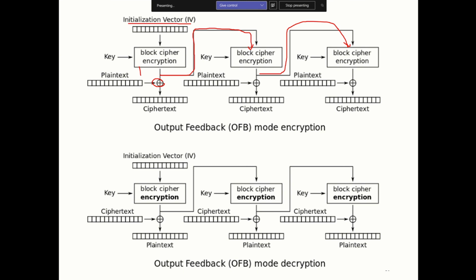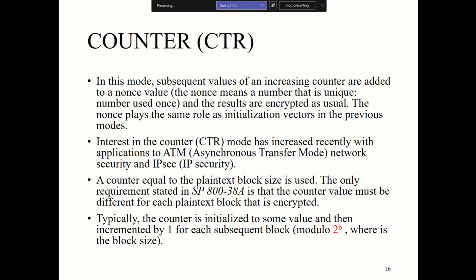They are separated. The last one is called the counter. The counter is a little bit different because it has a counter. It does not have only one initialization vector. Each block will have a counter.